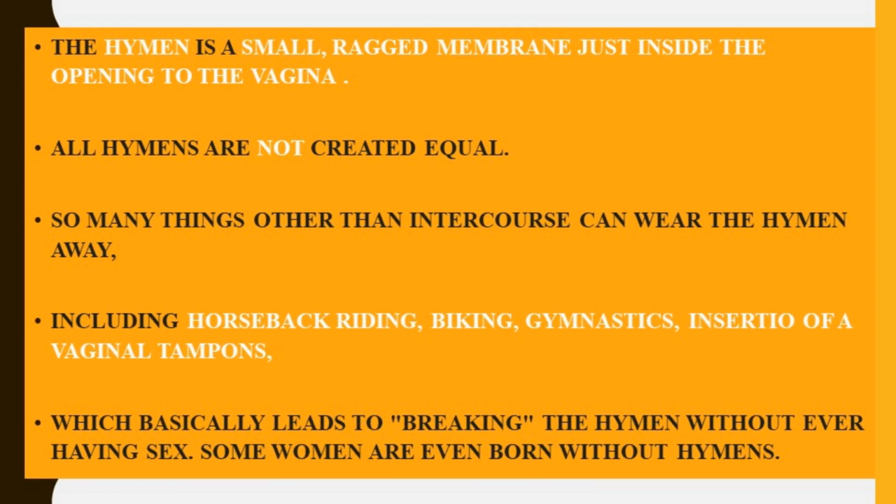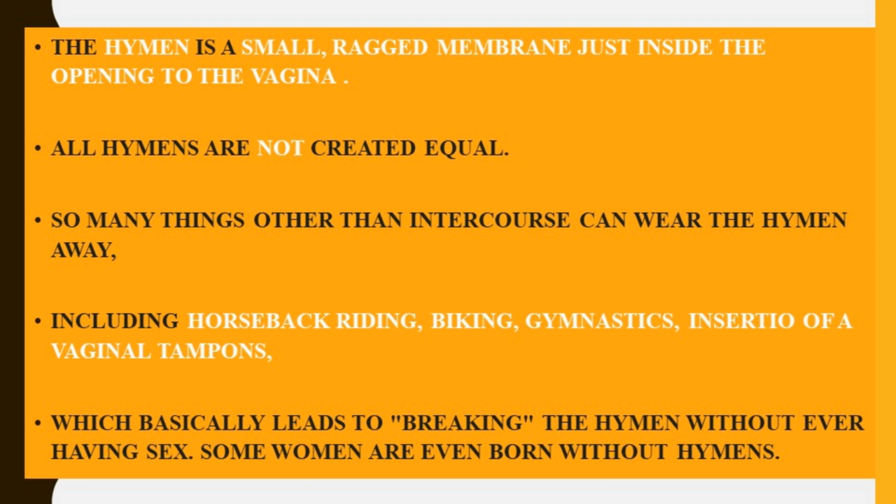The hymen is a small ragged membrane just inside the opening to the vagina, and all hymens are not created equal. So many things other than intercourse can rupture the hymen, including horseback riding, biking, gymnastics, insertion of vaginal tampons, etc., which basically leads to the breaking of the hymen without ever having sex.